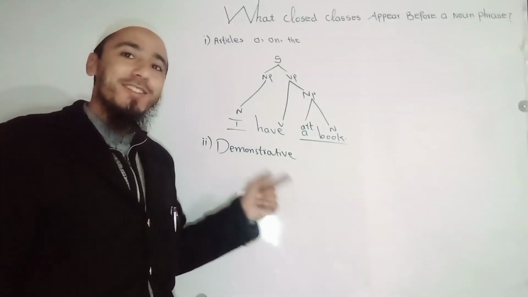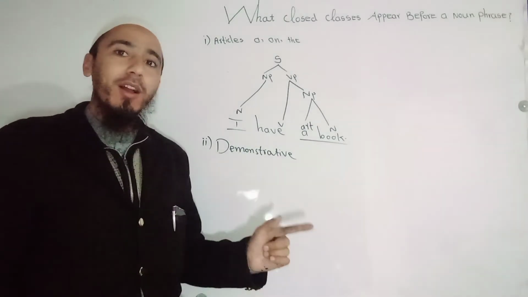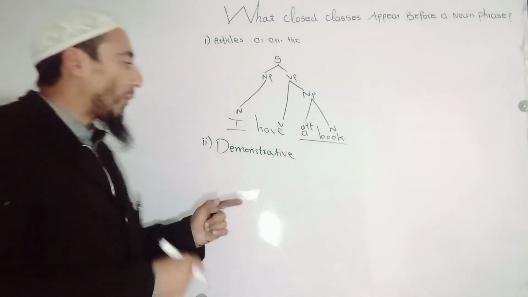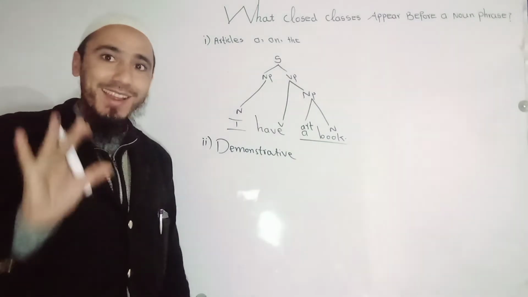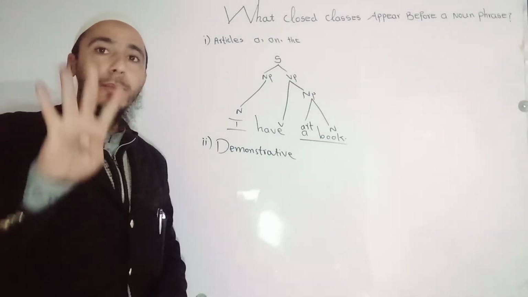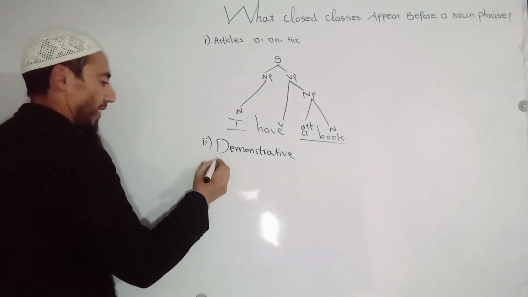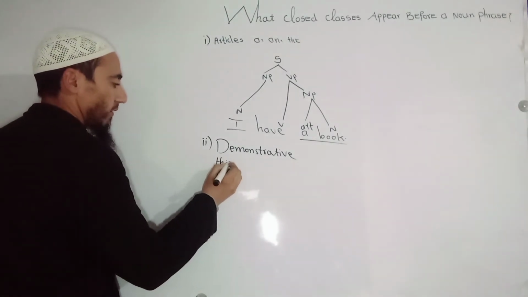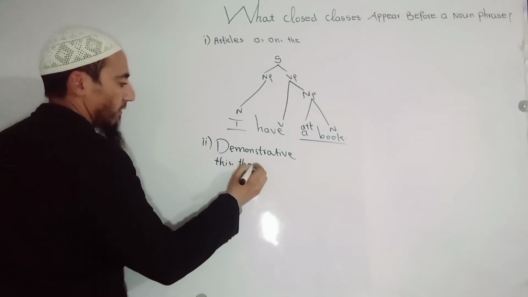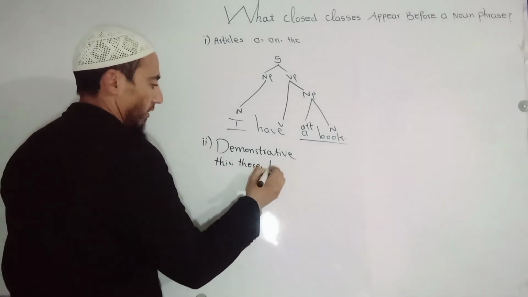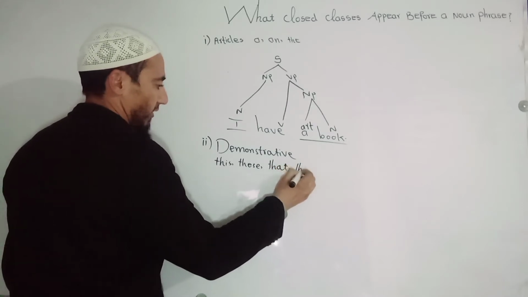So, in linguistics or syntax particularly, demonstratives are those which appear before a noun phrase. In English language, we have only 4 demonstratives. For example, we have this, these, that, and those.